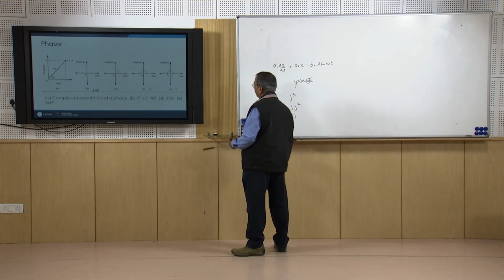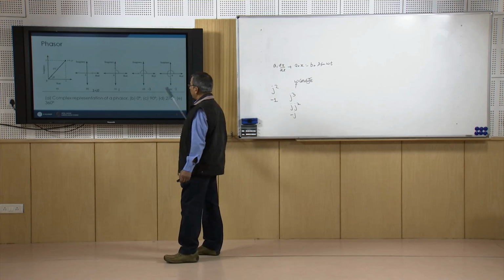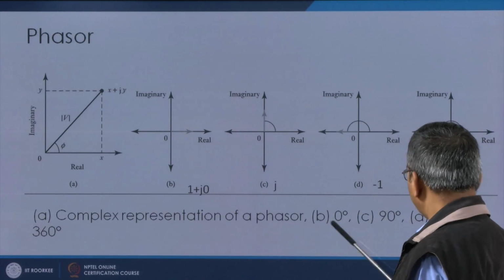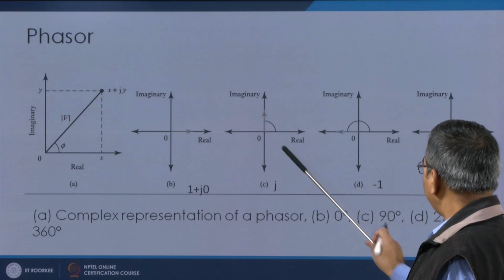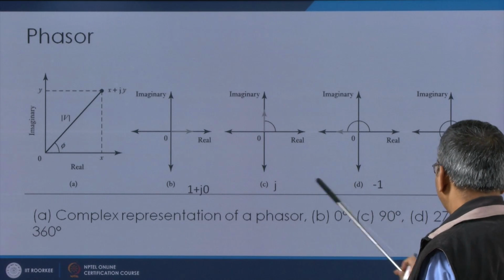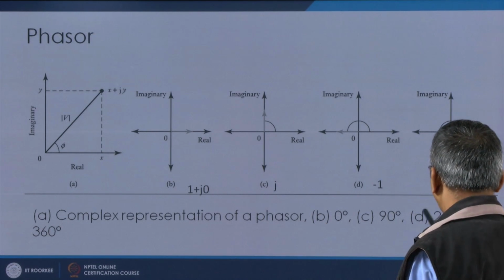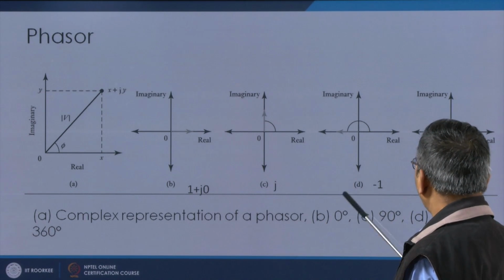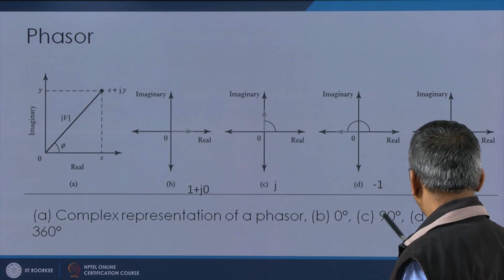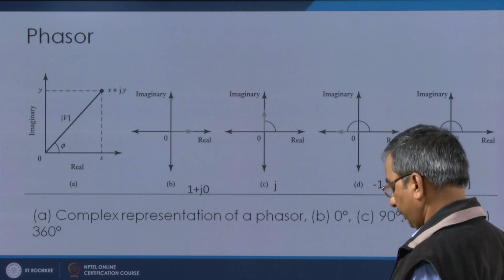So, this is what you get, minus j. Okay. So, 1 plus j 0 is 0 degrees, 90 degree rotation is represented by j, then we have 180 degrees and 270 degrees. Okay. There are some corrections here.